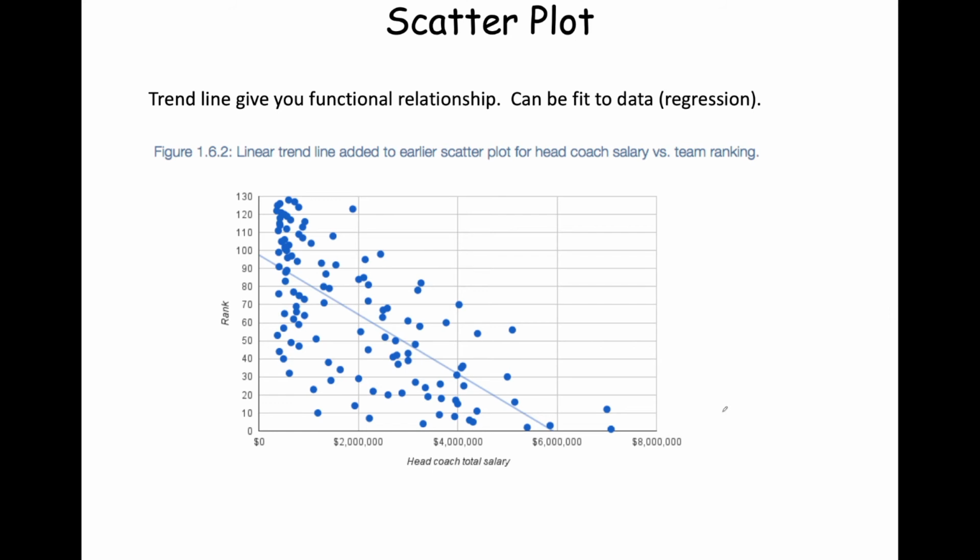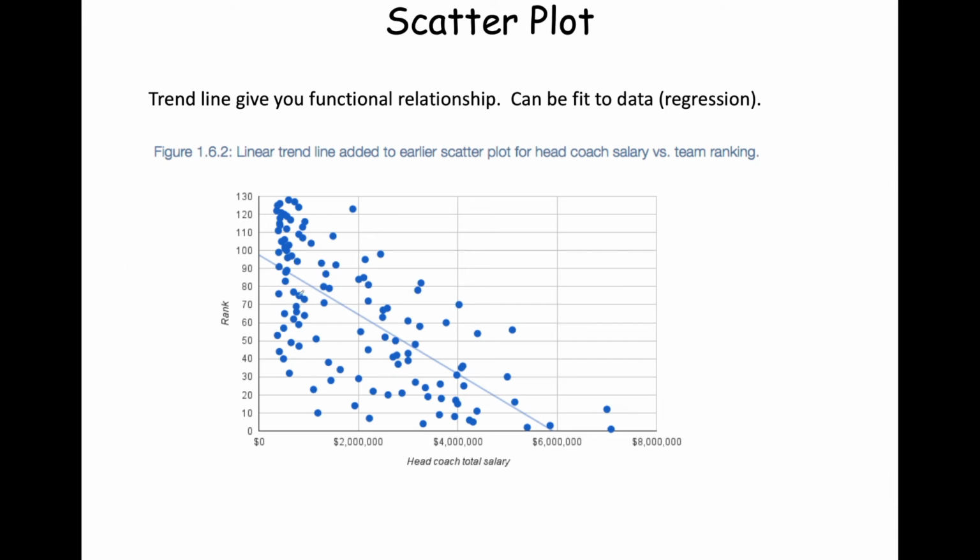So if we do that for this particular scatter plot concerning head coach salary versus rank, we notice that the line that best fits where the data points are in the scatter plot, the trend line, is slanting or sloping downward. So that's what we referred to when we talked last semester about correlation, right? We said it represents the unit step increase or decrease in one variable and the commensurate amount of increase or decrease in another, the measurement of the coupling between two variables.